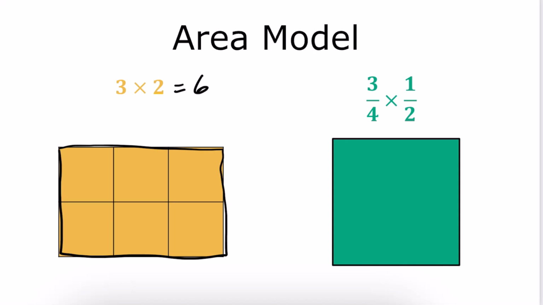And so you could help them model this by saying, okay, let's have this green square represent 1 full square mile. So we know that our property doesn't fit within this whole square, it's going to be smaller than it. But let's figure out what fraction of it will be. So one of our property distances or side lengths is 3/4 of a mile. So let's say that our property line goes along here, right to the 3/4 mark.